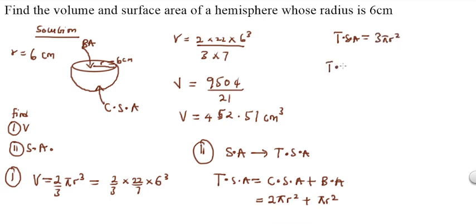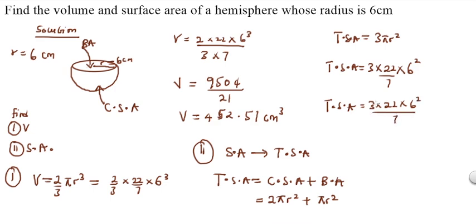So the total surface area here is equal to 3 times π, which is 22/7 as we've been using it. So this will be 22 divided by 7 times the radius, which is 6, so we have 6² here. Then the total surface area is equal to 3 times 22 times 6² divided by 7.